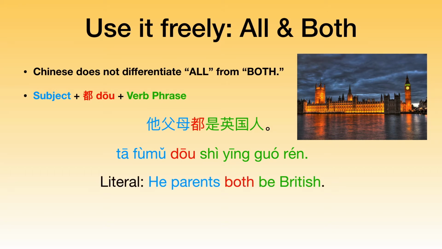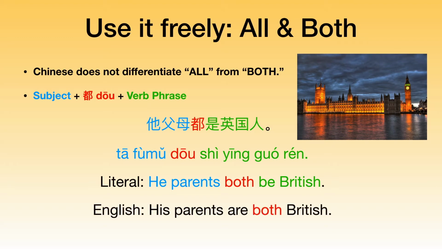Literally it means he parents both or dou be British. His parents are both British. And we can see here, dou is in between the subject and the verb phrase 是英国人 to mean both dad and mom, two people, both are British. You can see here we don't differentiate both and all. We just use dou for any number.